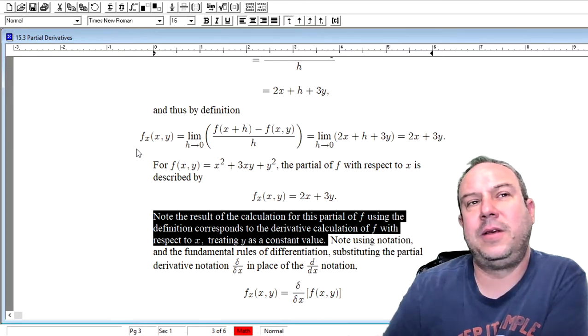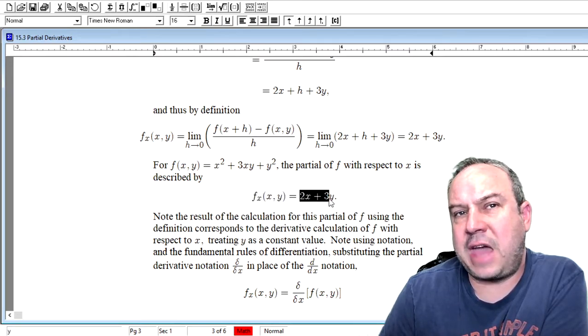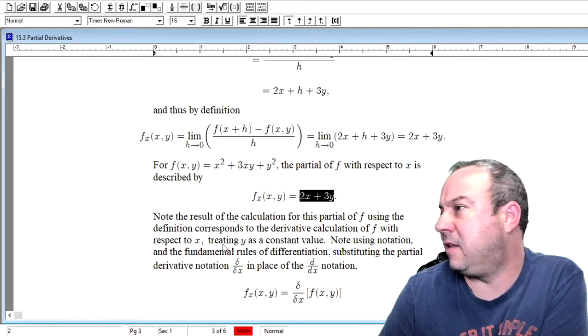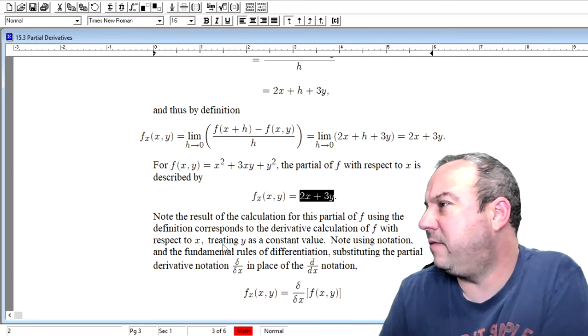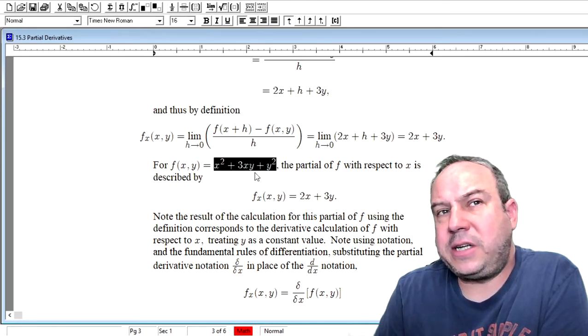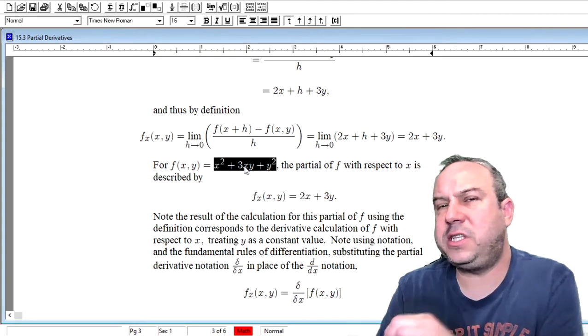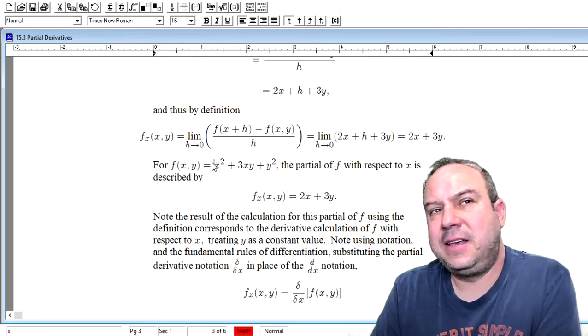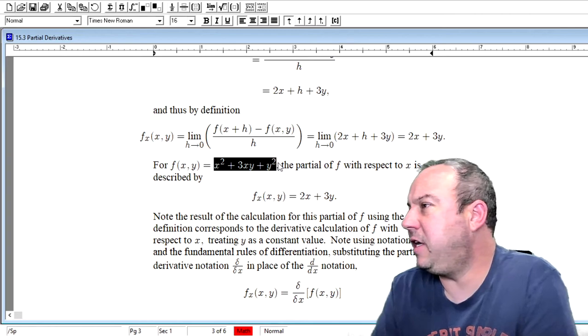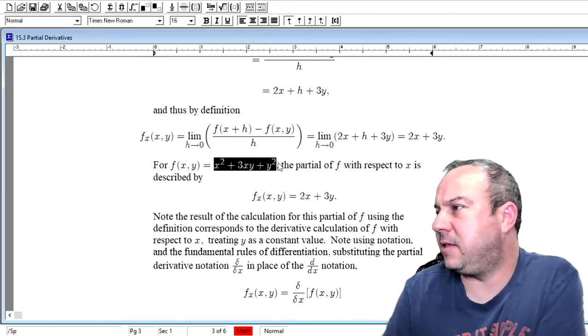Notice this result that we obtained by applying the definition, which involved that limit and developing the argument of that limit that we just did above, could have been found by just applying our derivative operator with respect to x to this function seen here, treating the y's as if they were constant.